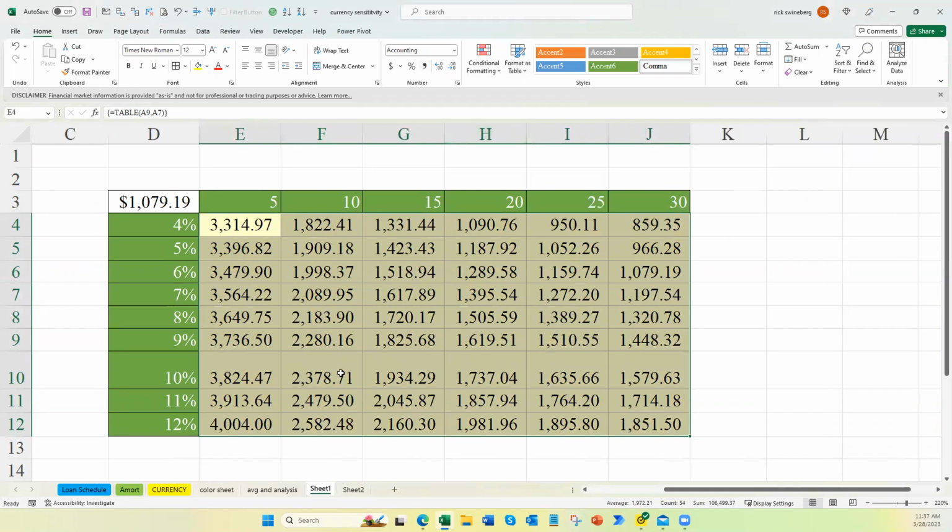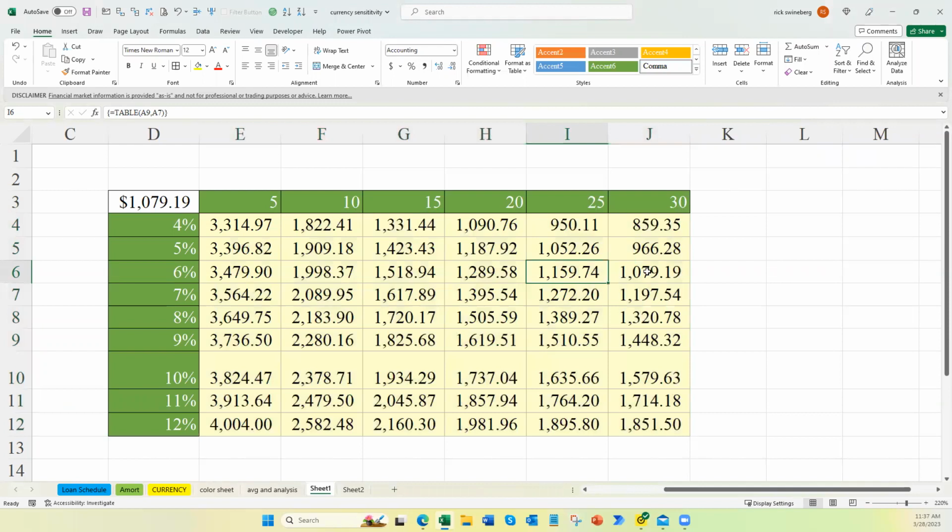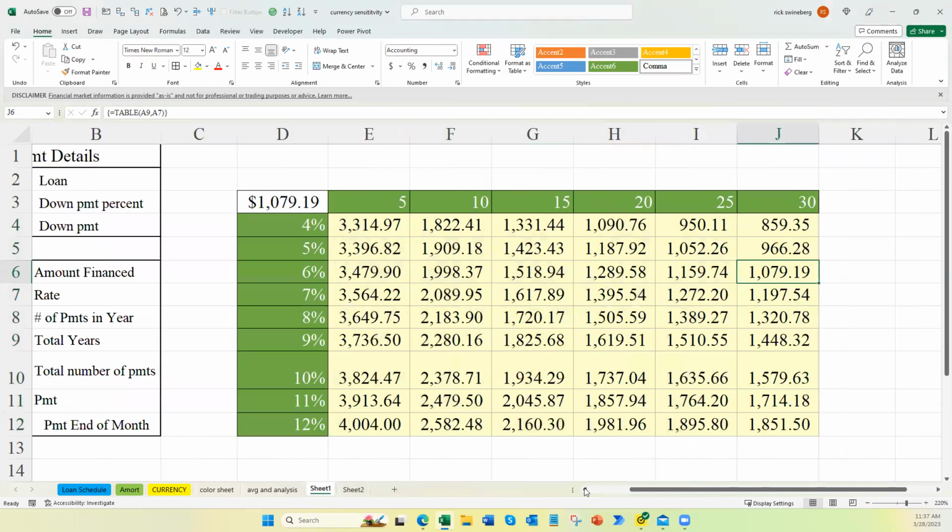Okay. As you see here, I always try to incorporate the same percent that I have in the calculation to make sure that the table ran right. So as you see here, the 1,079 is reflected here at 30 years and 6%. That's it right there. So now you can do the calculations whichever way you want.